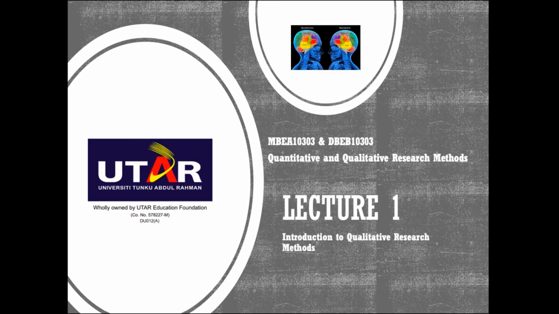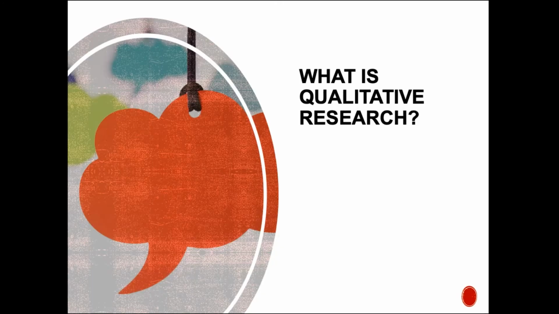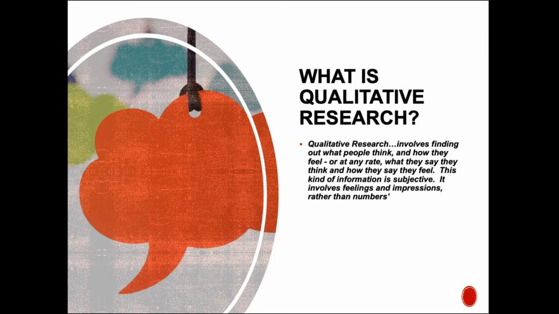So today we are going to talk about a qualitative research method, an introduction to qualitative research method. What is qualitative research method? So a qualitative research involves finding out what people think and how they feel, or at any rate, what they say they think and how they say they feel. So this kind of information is subjective.